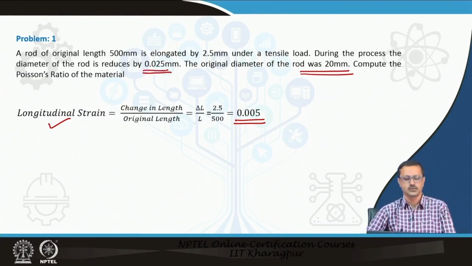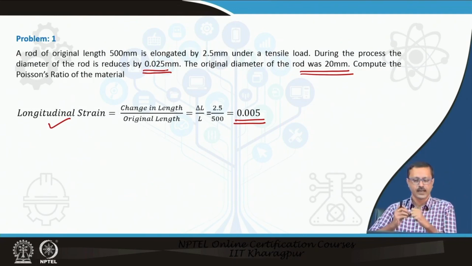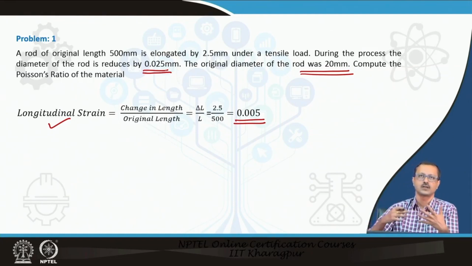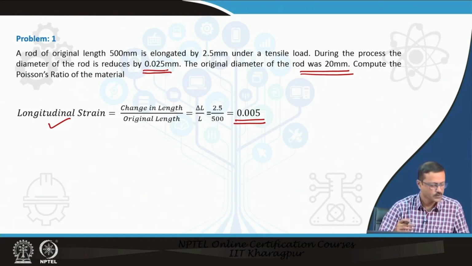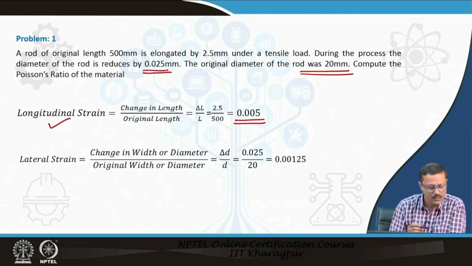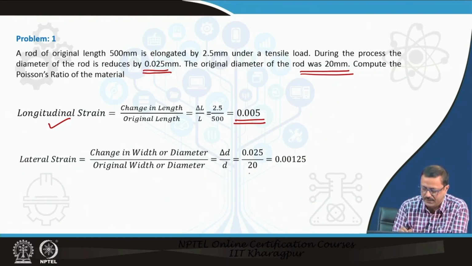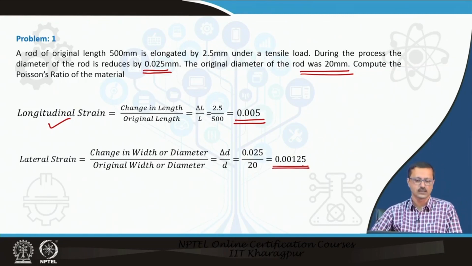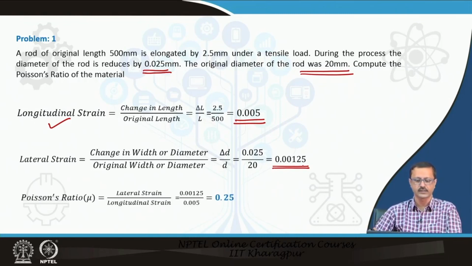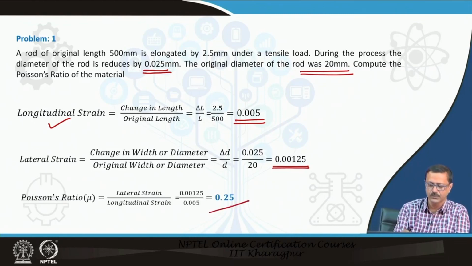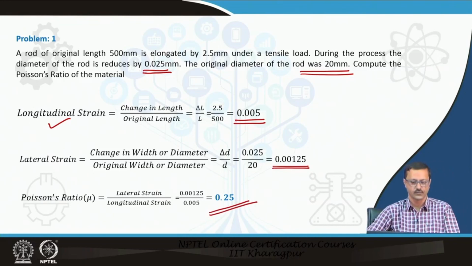It should be clear from your understanding that if one direction increases, the orthogonal direction's strain will be the opposite. So the lateral strain, in the diameter direction, will be 0.00125, which is much smaller than the longitudinal strain. Now we can find the ratio, and say that the material possesses a Poisson's ratio of 0.25.